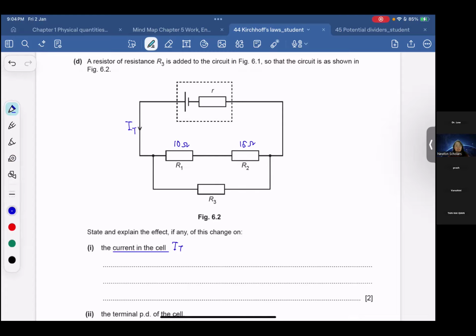We also know that when connected in parallel, the total resistance of this part decreases. So E equals V plus IR, or E equals I times R plus r. This part decreases and E is constant, so your current should be higher.